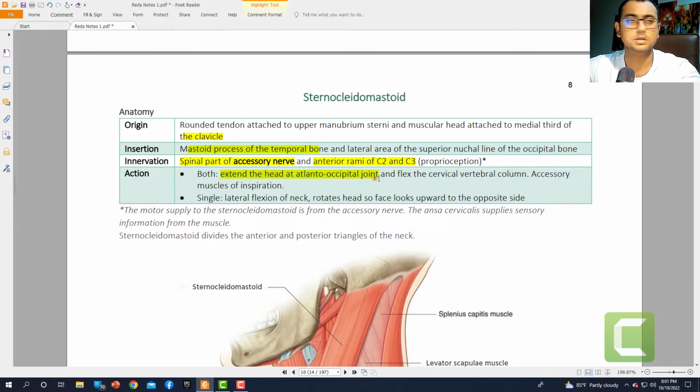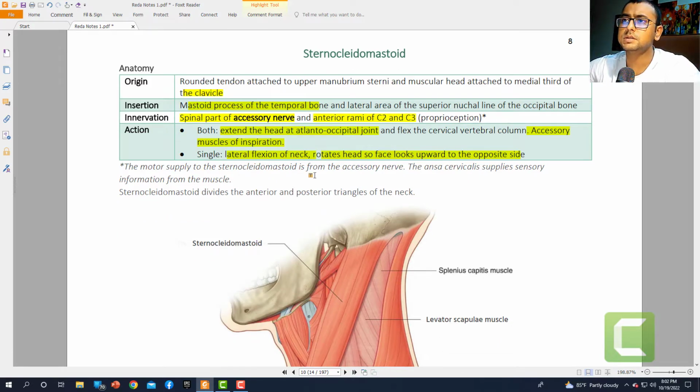This is the atlanto-occipital joint movement. It also acts as an accessory muscle of respiration, produces lateral flexion of the neck, and rotates the head, so the face looks upwards, like this, rotating the head side to side, plus the nodding movements. These movements are done by the sternocleidomastoid, whose motor supply is from the spinal part of the accessory nerve.